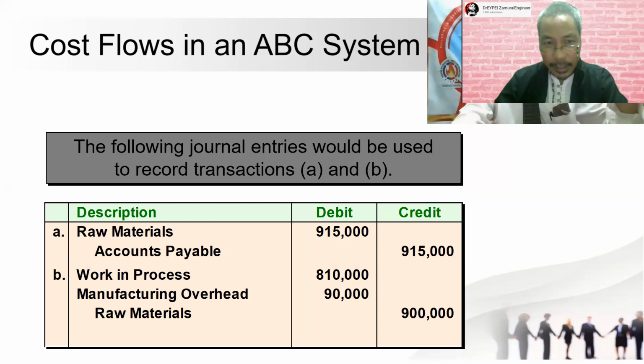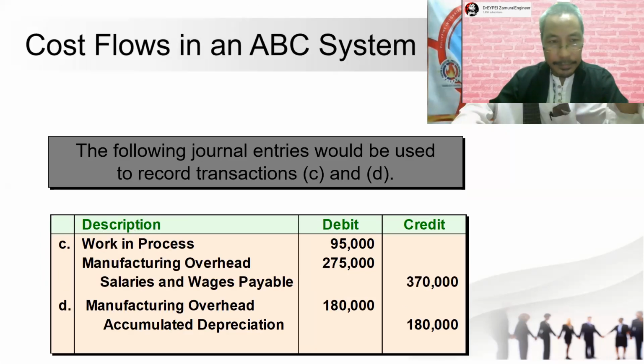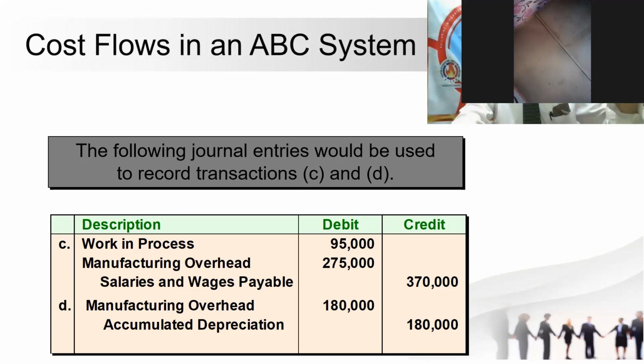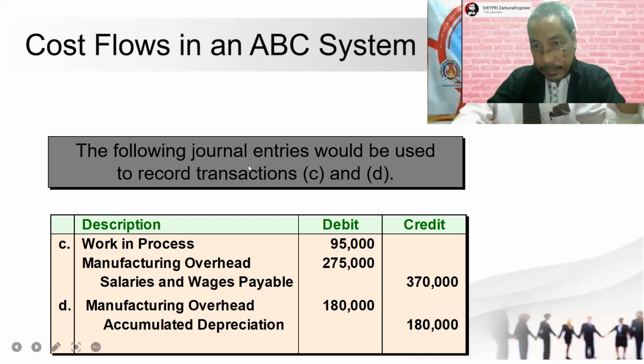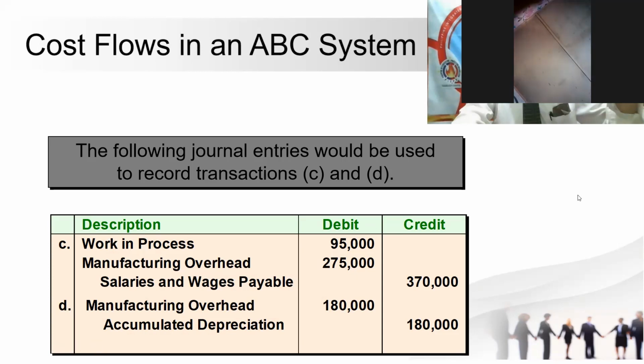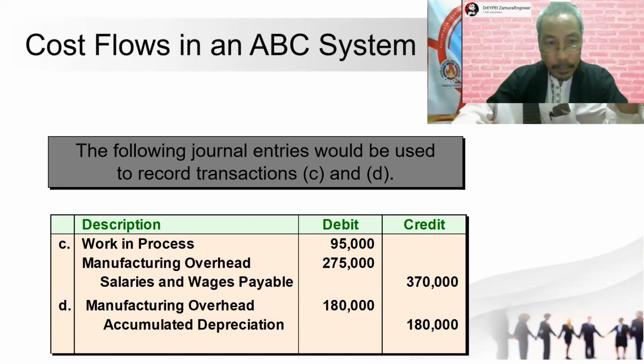So this is the letter C. Work in process 95,000.